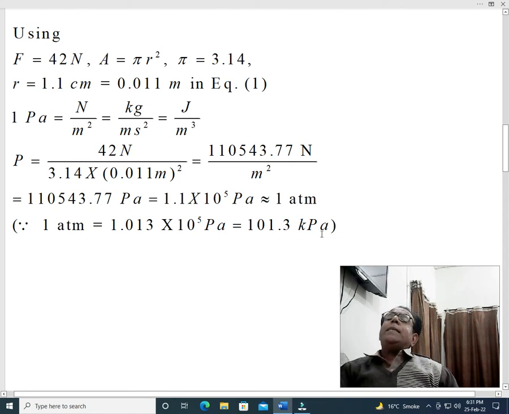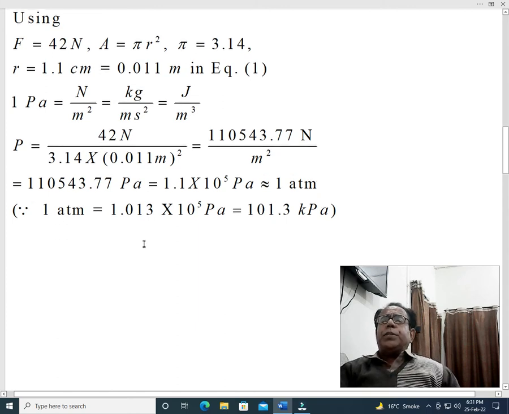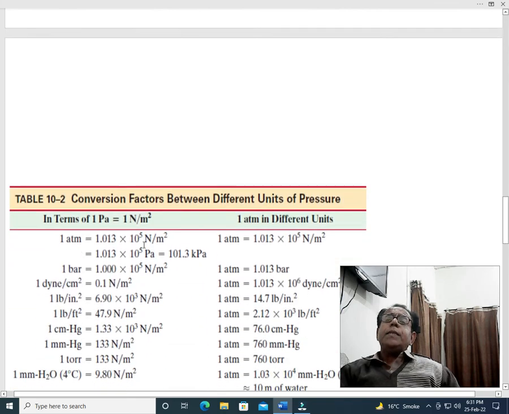Okay, it is our discretion to write it in different forms. Now we will consult a table in which it is given that 1 atmosphere is equal to this. Okay, this is the table.